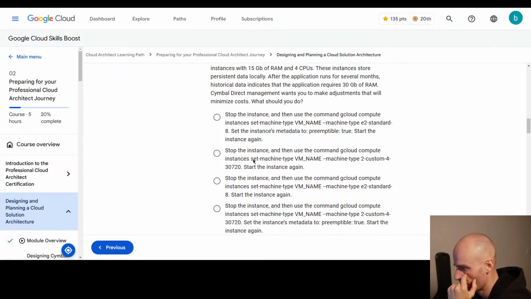Stop the instance, and then use the command gcloud compute instances set machine type A2 standard, set machine type to custom for A.